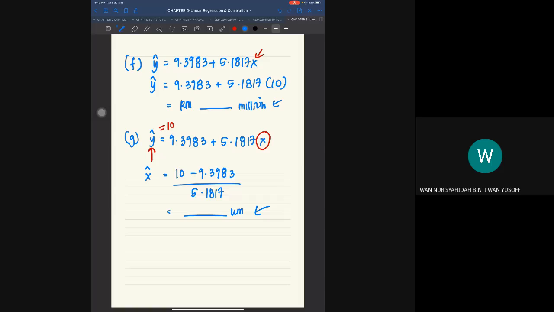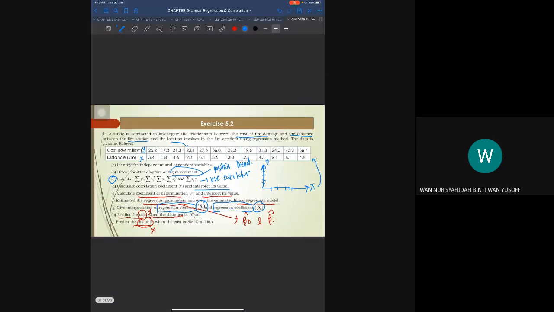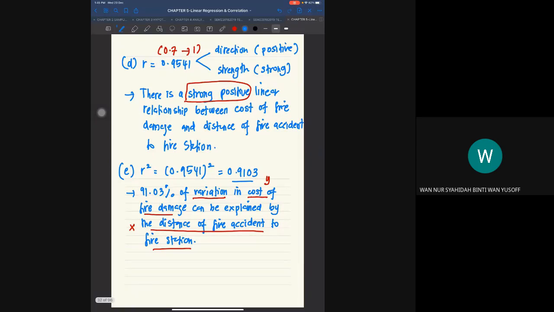Remember that this prediction we cannot use for another population. For example, let's say that the data is in Pahang. So let's say that we ask you, can we use this equation for Johor? Can we use this equation for Johor to predict?